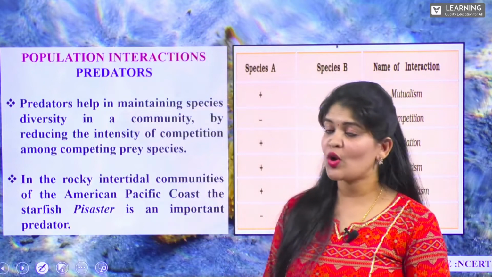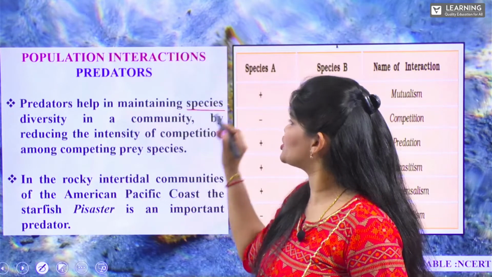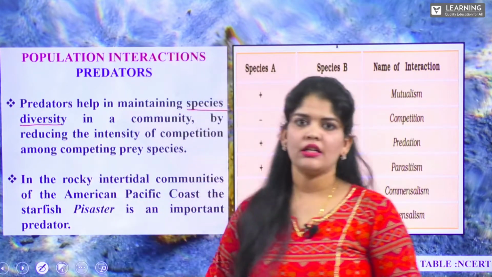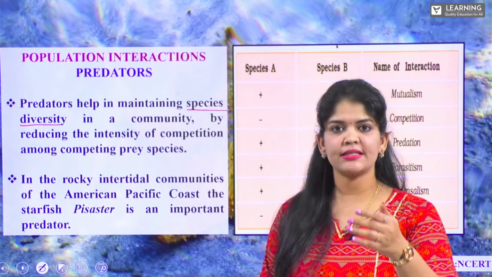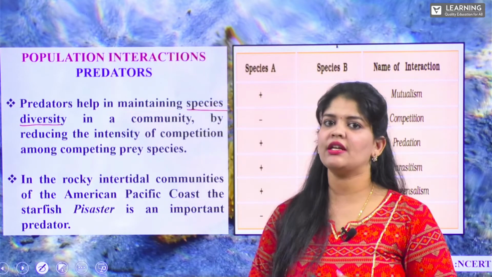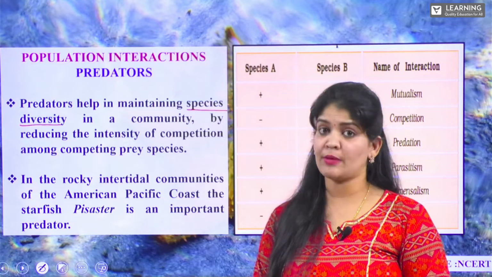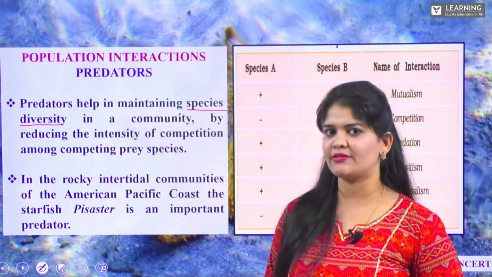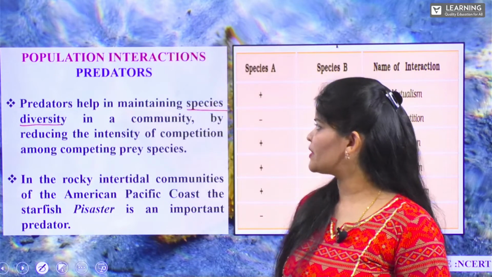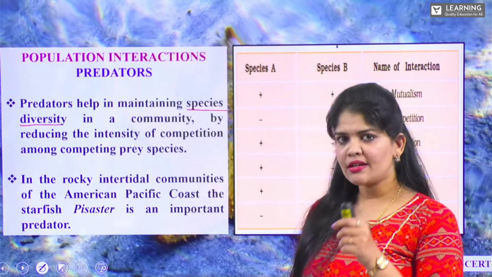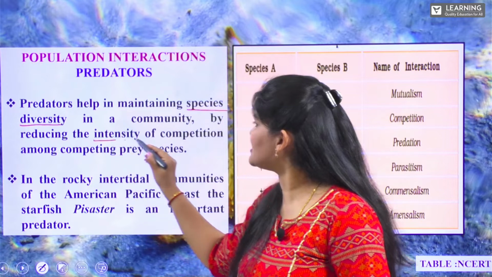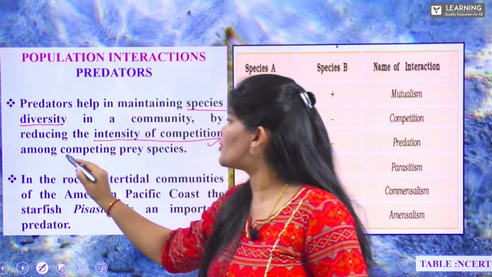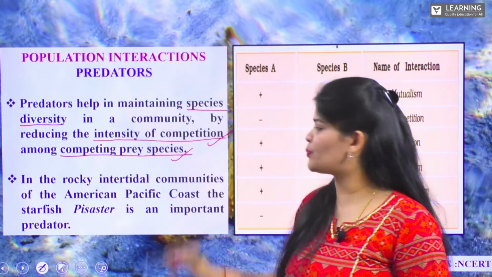Predators also help in maintaining species diversity. Along with the previously discussed important roles of predators in predation, predators are also useful to maintain species diversity. How does it happen in a community? By reducing the intensity of competition among competing prey species.